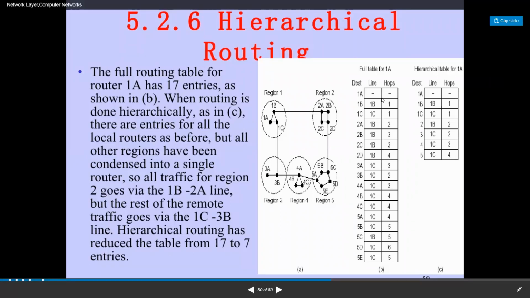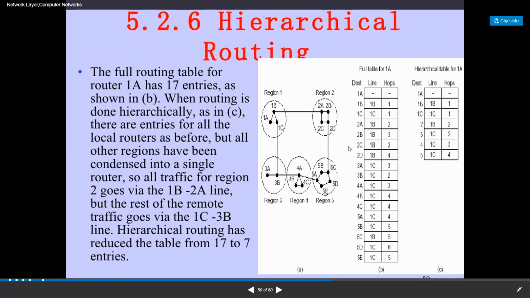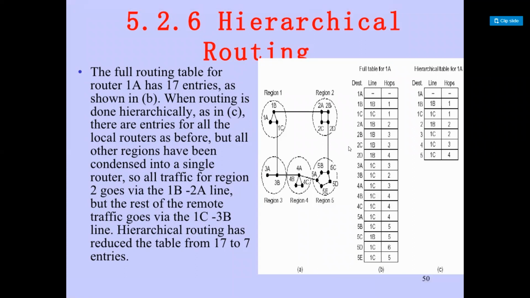In the full table, we are having 17 entries. In the hierarchical routing table, we are having 1, 2, 3, 4, 5, 6 and 7, only 7 entries with respect to the hierarchical routing algorithm. This reduces the total number of entries in the routing table, so it will take less memory than the full routing table.